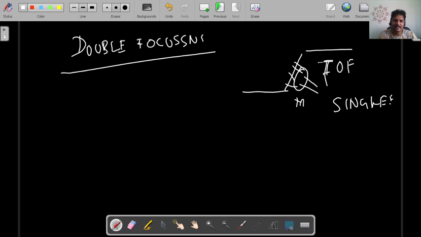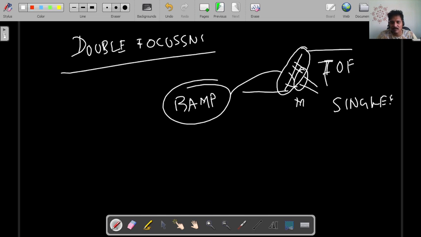Here in this example, the ramp plays a vital role because it facilitates the motion of the balls. Without the ramp, you think of this situation, it will be very difficult.